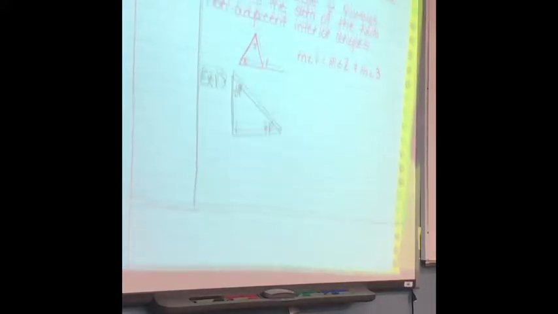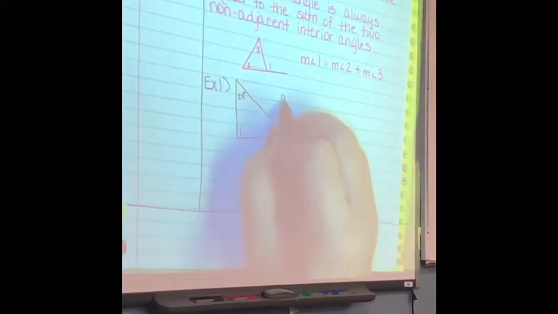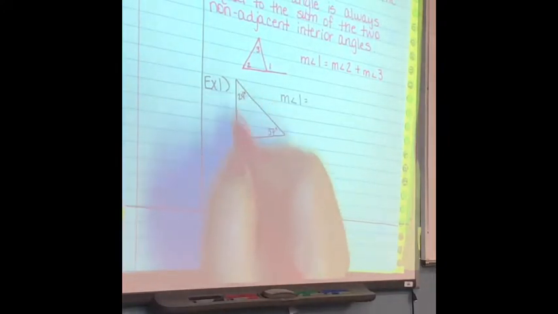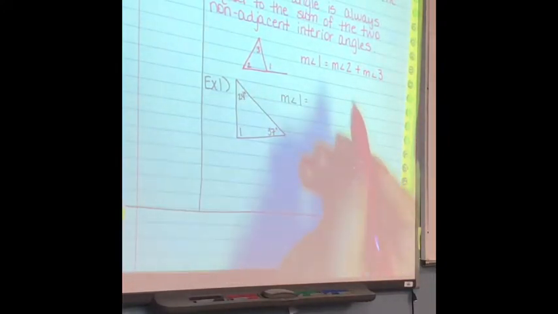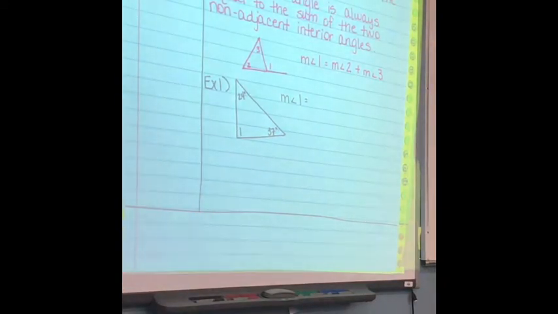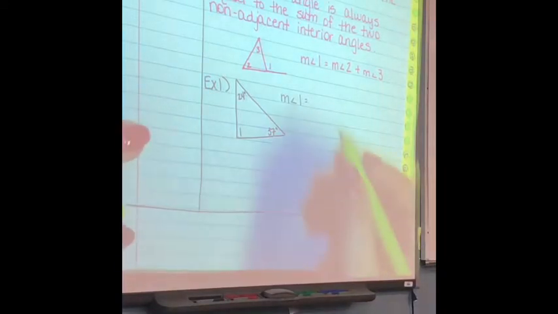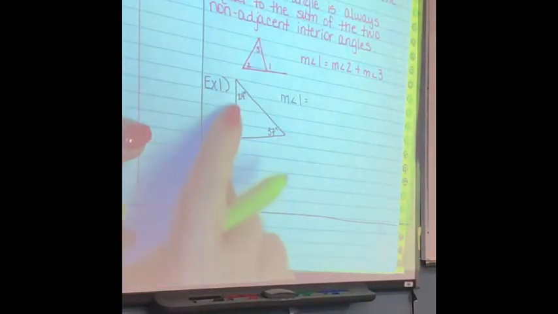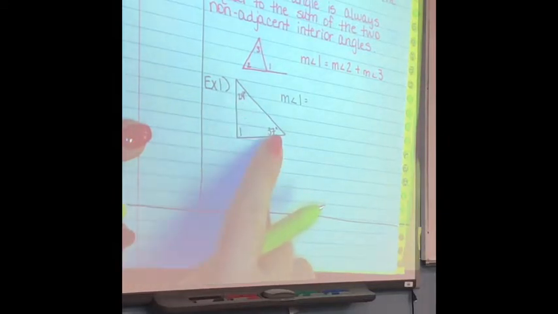And they want me to find the measure of angle 1. So how can I go about finding the measure of angle 1? What do I know about these angles? They have to equal 180. All right, so that means the measure of angle 1 is 180 minus these 2 added together, right?